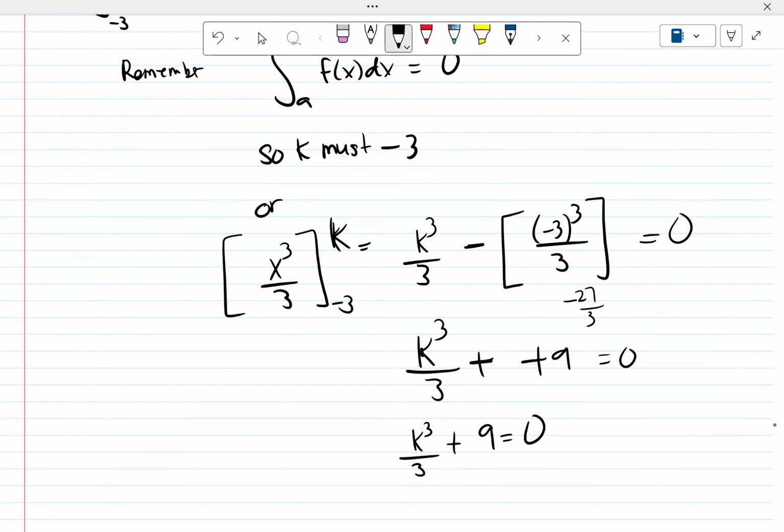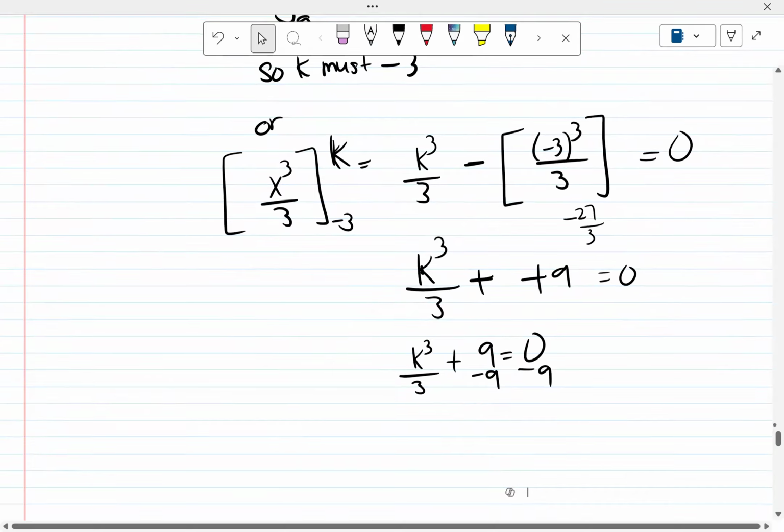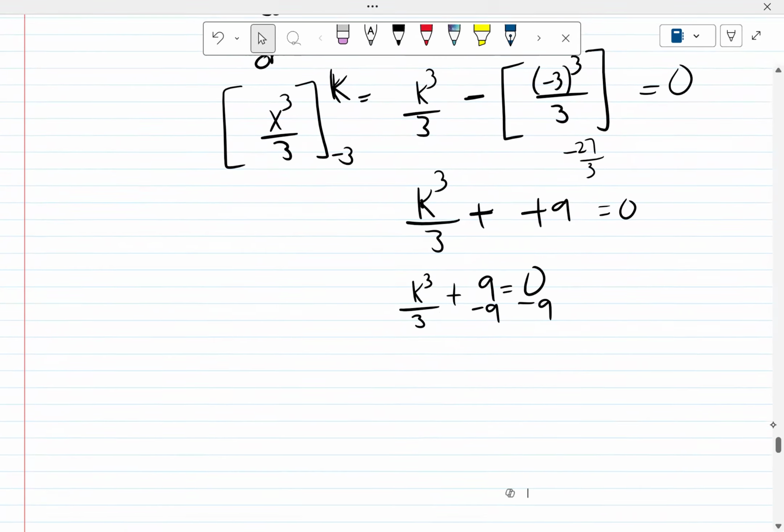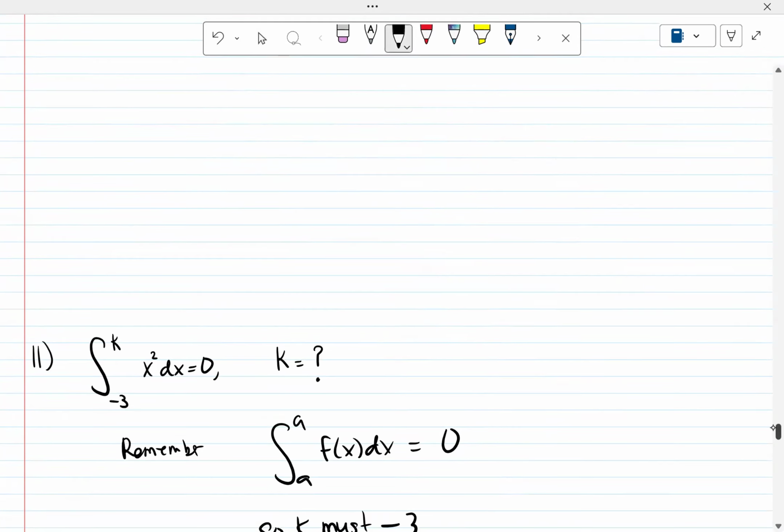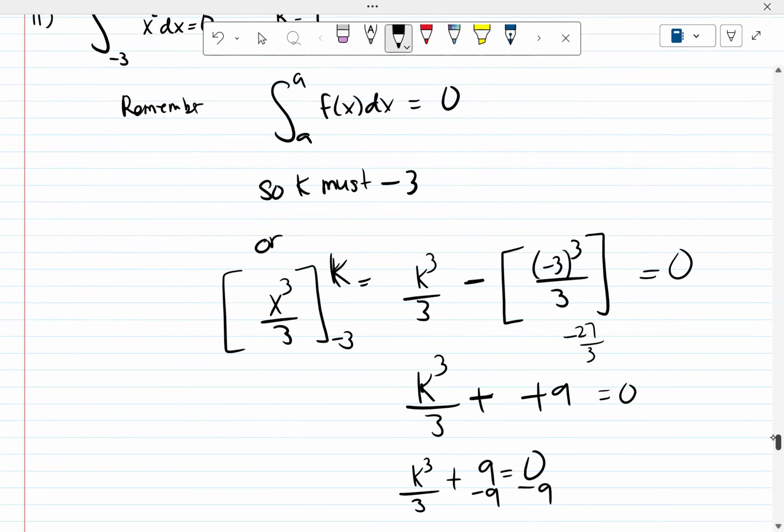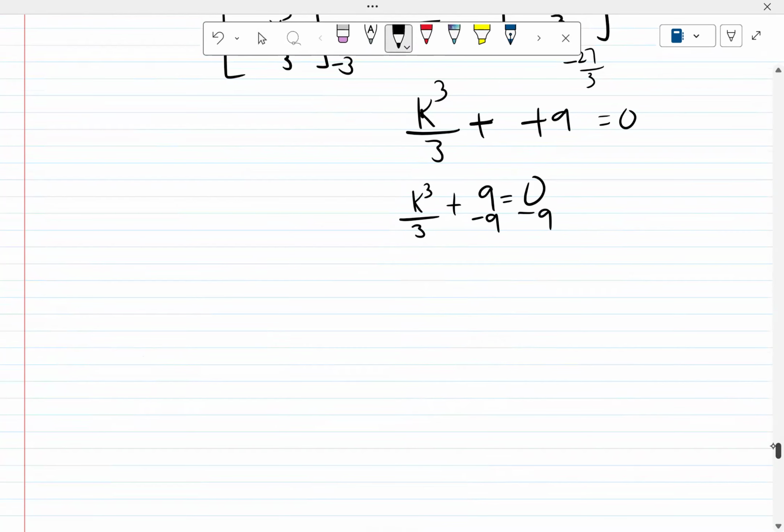And solve for k by subtracting 9. So you get k cubed over 3 equals -9.